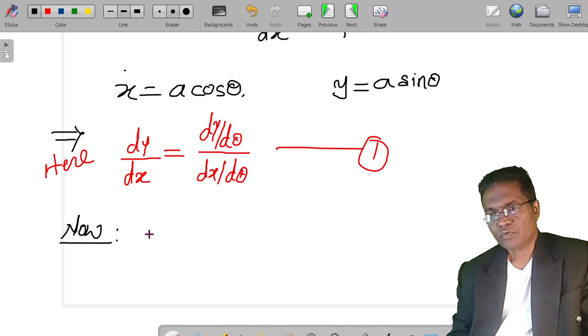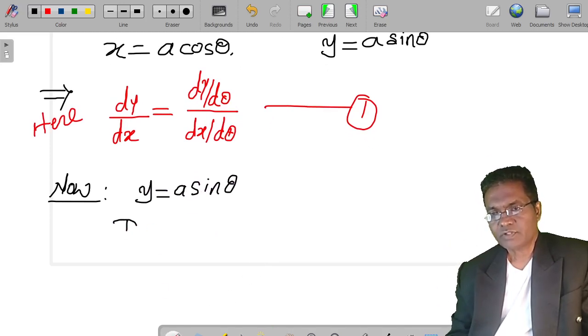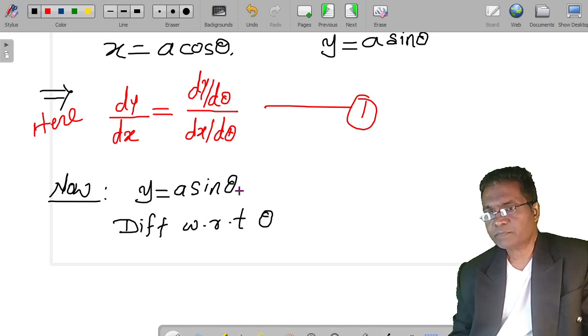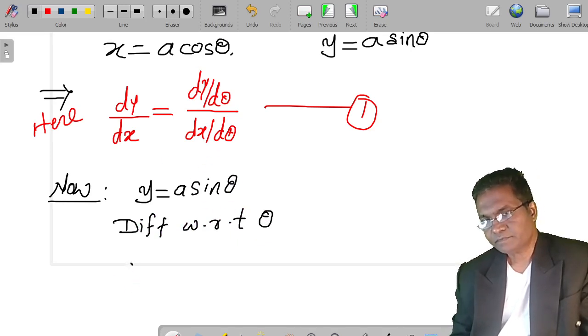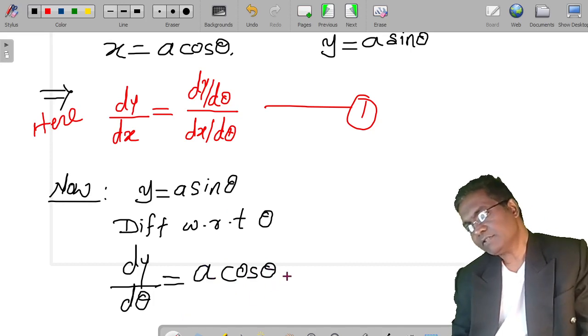So now you have y is equal to a sin theta. So you have to differentiate with respect to theta, not with respect to x, because we want dy by d theta. So dy by d theta is equal to a constant and the derivative of sin theta is cos theta with respect to theta.